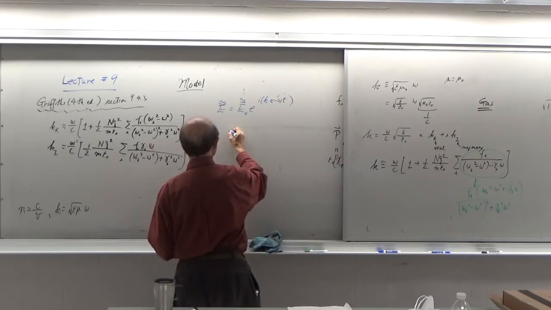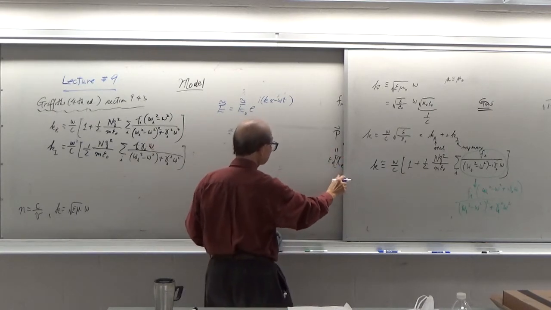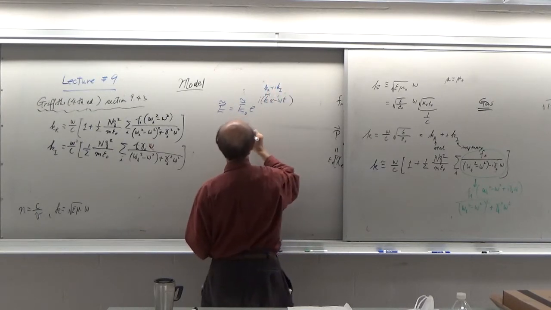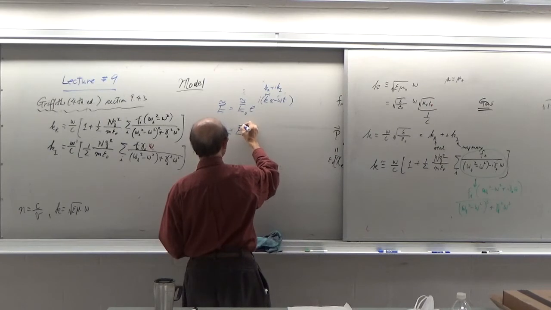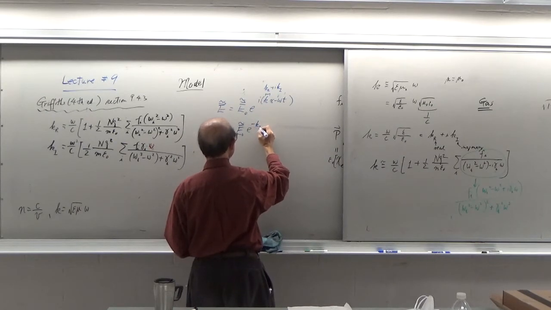Now k is given by the real part k real plus i k imaginary, so that I can pull out this e to the minus k imaginary x.